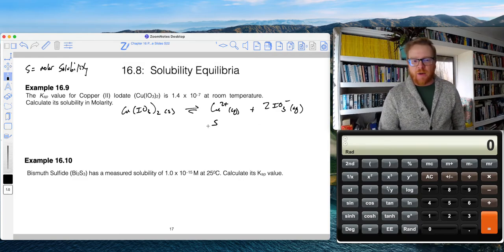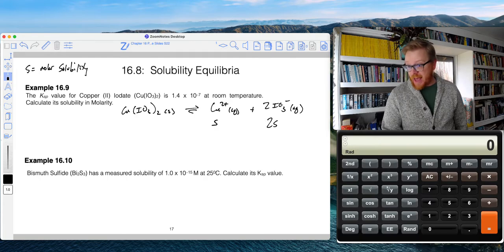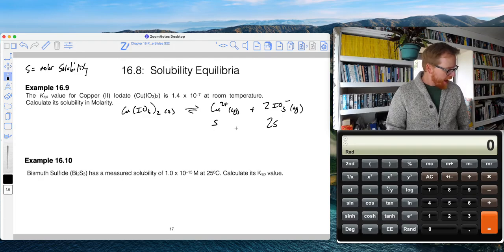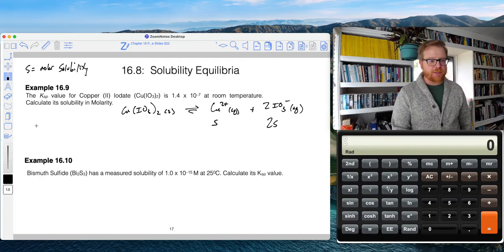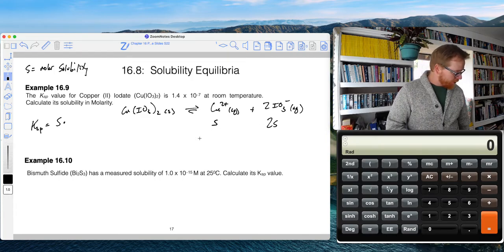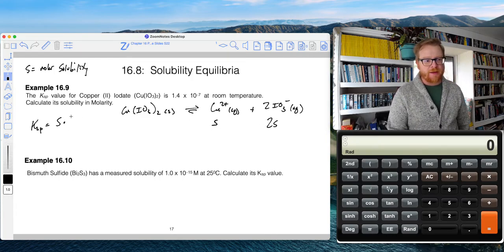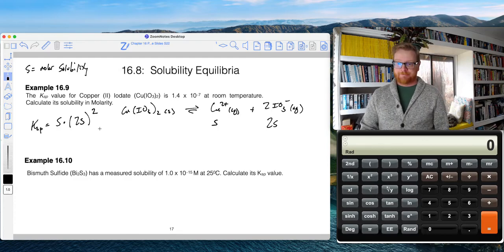Okay. So now if this I'm going to call S, this has got to be 2S, right? And then now my KSP expression would be KSP equals, and it's going to be S for copper times, and now we have to remember to do this whole double jeopardy thing, right? Where we recognize the molar solubility of iodate is 2S, but in the equilibrium expression, we know that we have to square that.